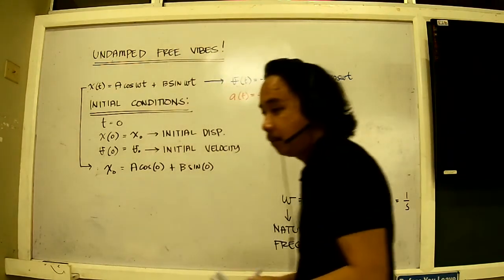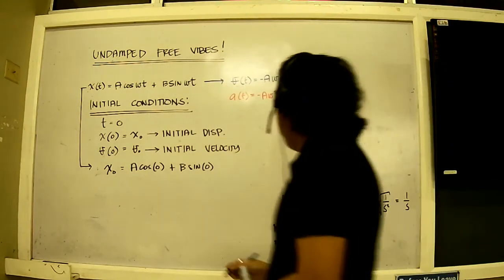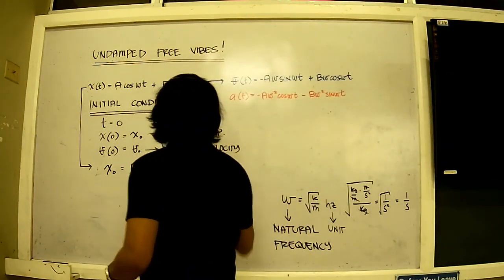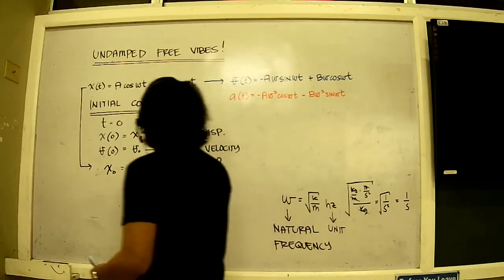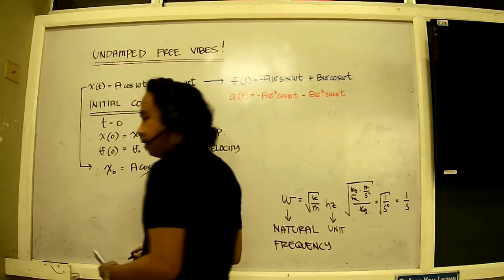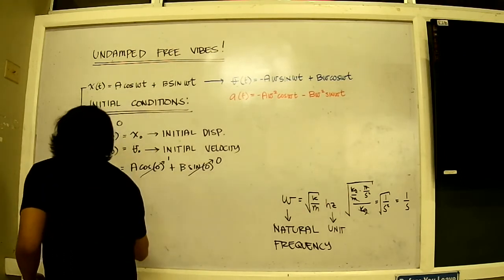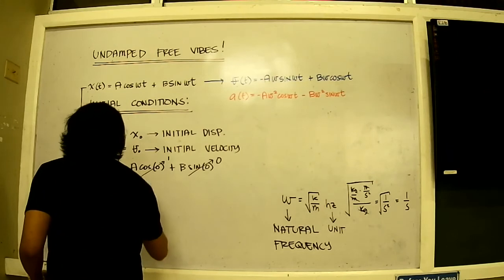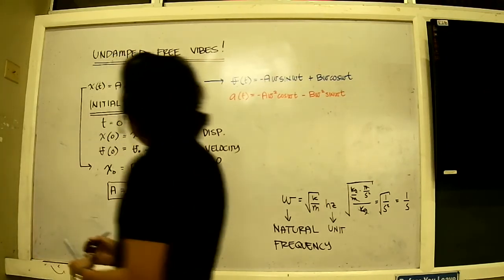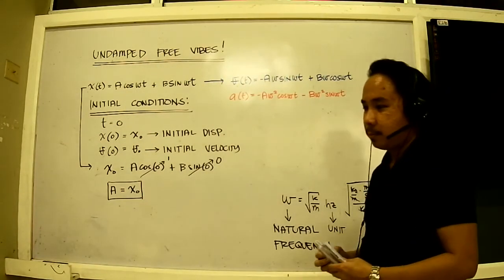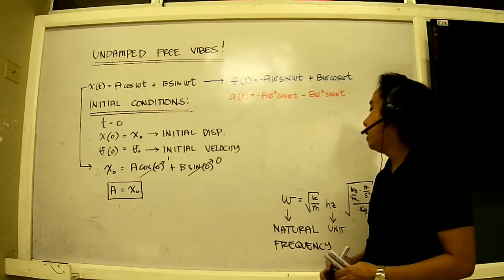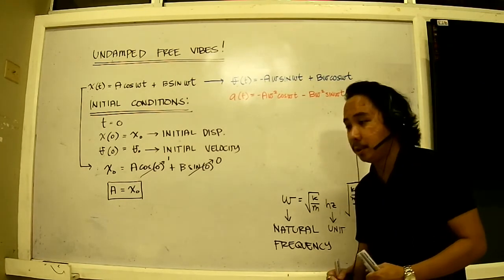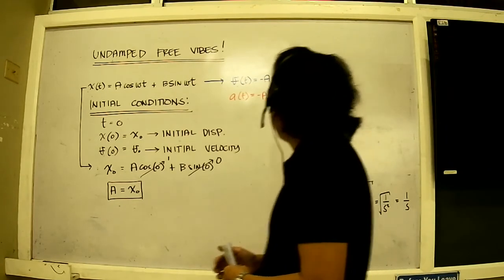Sine 0 is equal to 0 and cosine 0 is equal to 1. Therefore, our arbitrary constant A is equal to the initial displacement of the structure. That constitutes another formula.